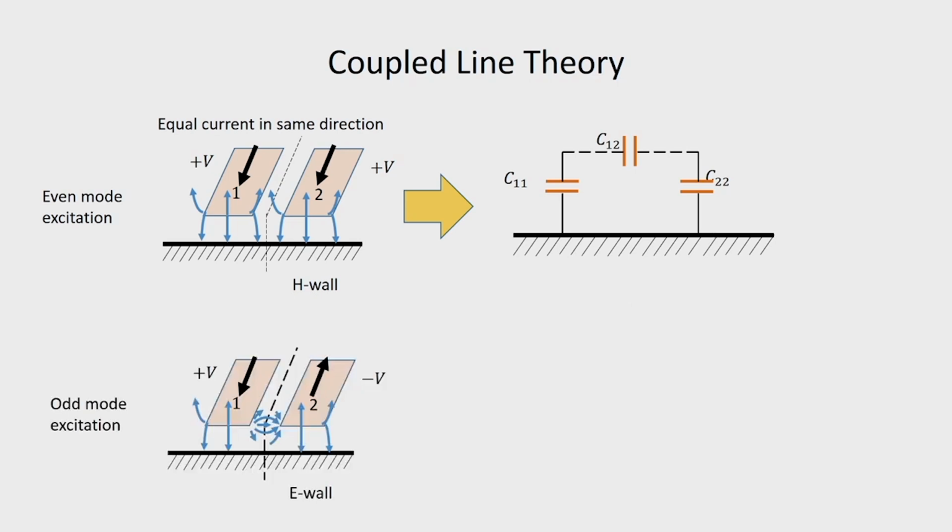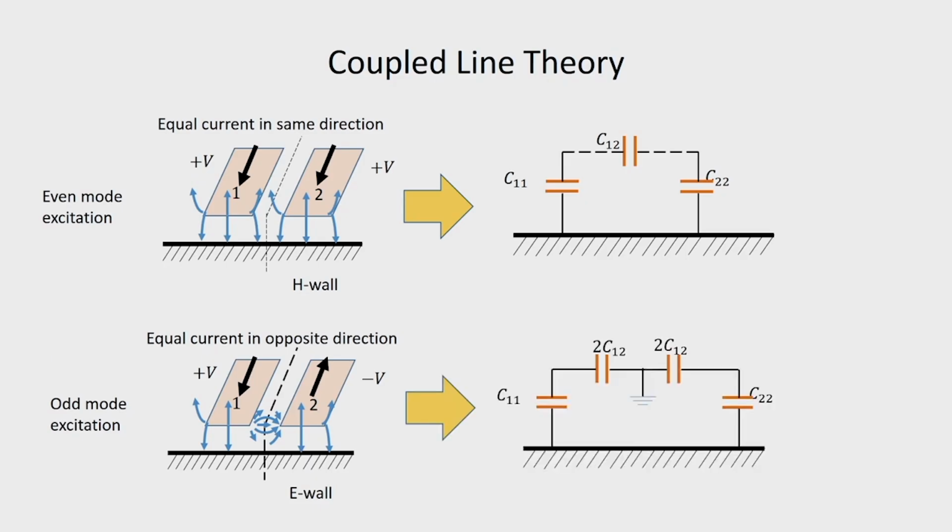Similarly, when we have odd mode excitation, that is conductor 1 is having V, conductor 2 minus V, then we will have equal currents in opposite direction, and this will lead to an equivalent circuit, because now this will be an E wall or effectively a short circuit, and this C12 will be now distributed to both the parts of the circuit as 2 C12.